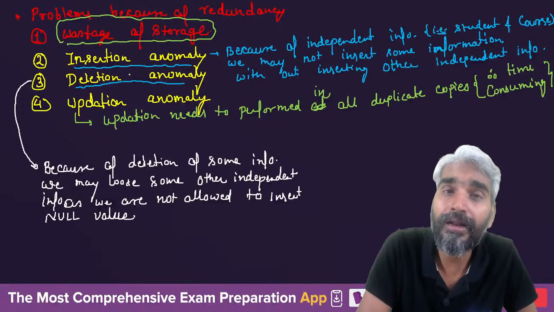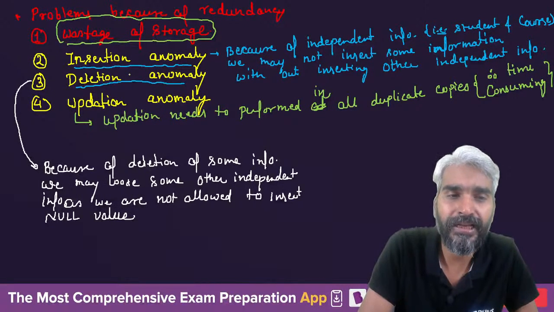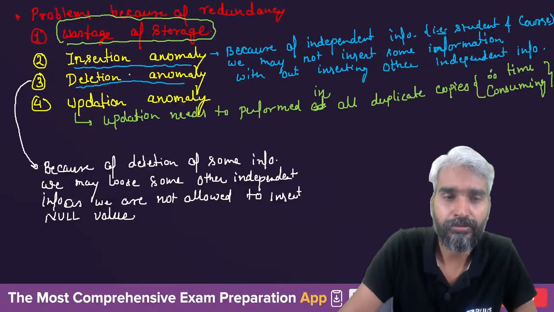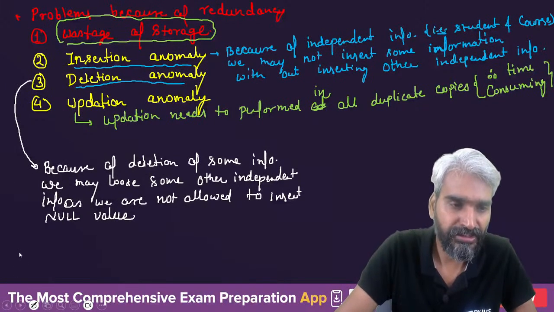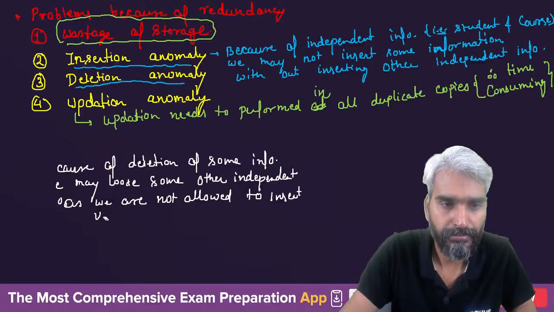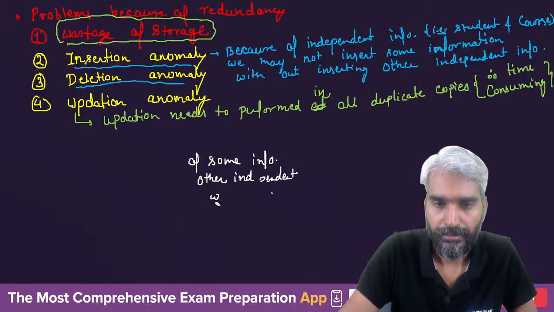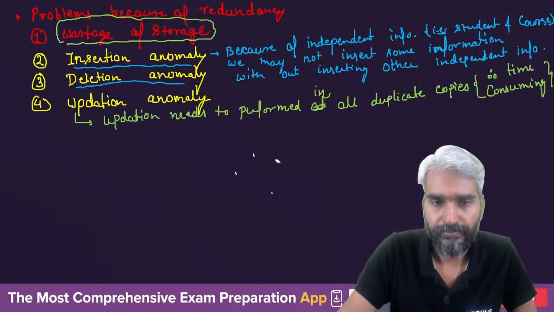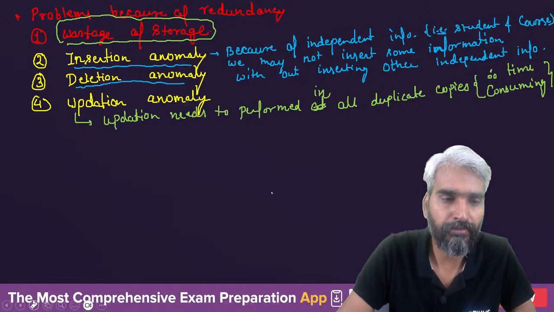Therefore, to overcome these anomalies, what you need to do? So I'm just deleting this last thing and that will be sufficient space for me. So what's the idea?